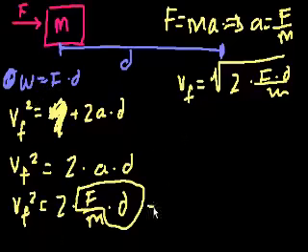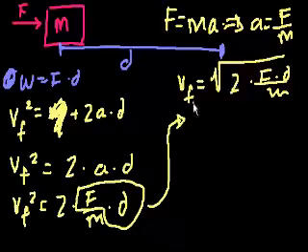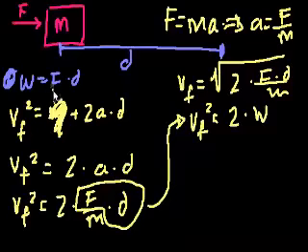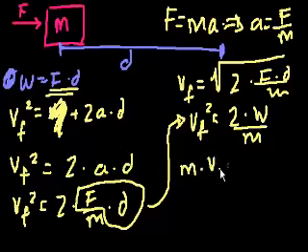So let's go straight from this equation because we don't have to re-square it. We get vf squared is equal to 2 times force times distance. That's work. Took that definition right here. 2 times work divided by the mass. Let's multiply both sides of this equation times the mass. So you get mass times the velocity squared.